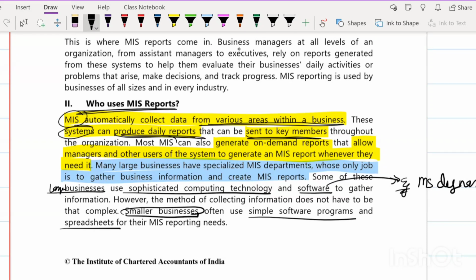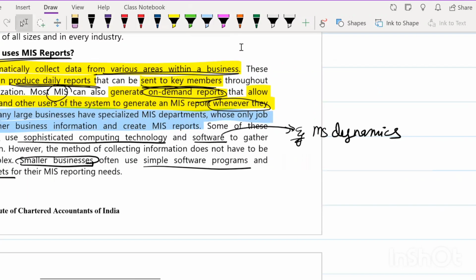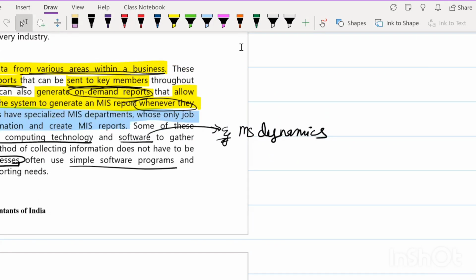And with this management information system, they can also generate on-demand reports. So if I have a demand that I particularly need a certain report, the system can generate it and give it to you whenever you need it. One thing I should tell you: MIS reporting is itself a job area, an employment area.